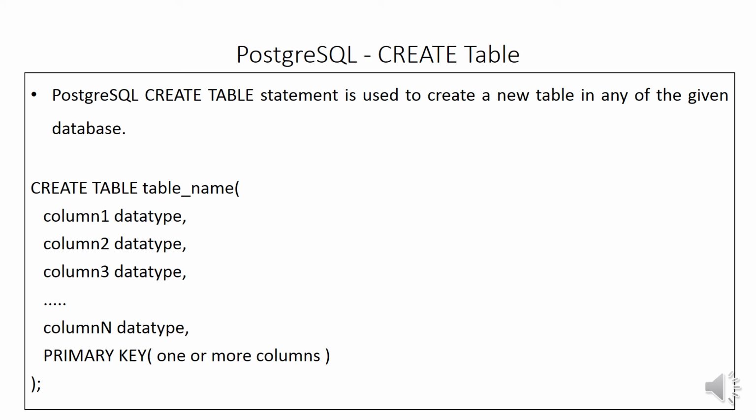Up to that, you have to define n number of columns with their data types, and at last, if you define the primary key constraint on one or more columns, you also define it in the create table. So on the next line, primary key and the column name. If you refer to column name 1, then primary key in brackets column name 1. If you refer to two columns, column name 1 and column name 2, you have to give column name 1 comma column name 2. After writing this, close bracket and semicolon. This is the very simple syntax of create table.